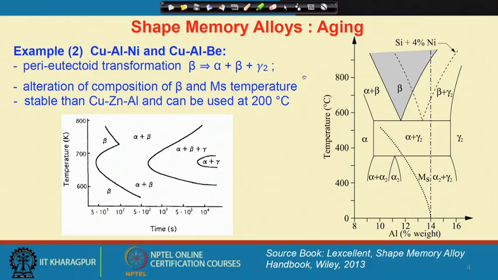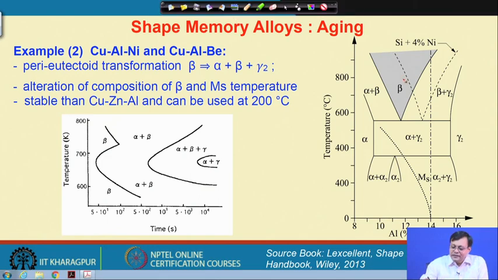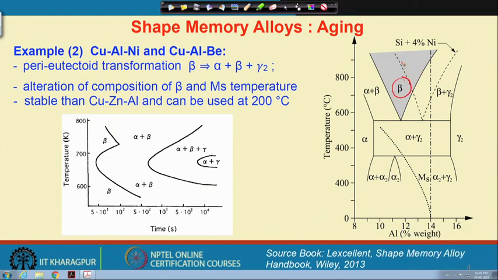Now, let us take another example. The second example is copper aluminum nickel, or let us say copper aluminum beryllium. In that case, again the austenite phase is a beta phase. After adding nickel, the beta phase will shift, you already know, and there is a peri-eutectoid transformation here, in which basically beta will try to decompose into alpha plus gamma 2.